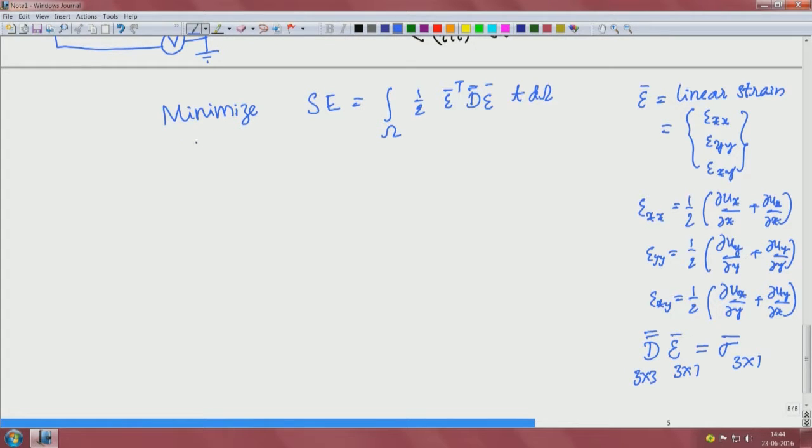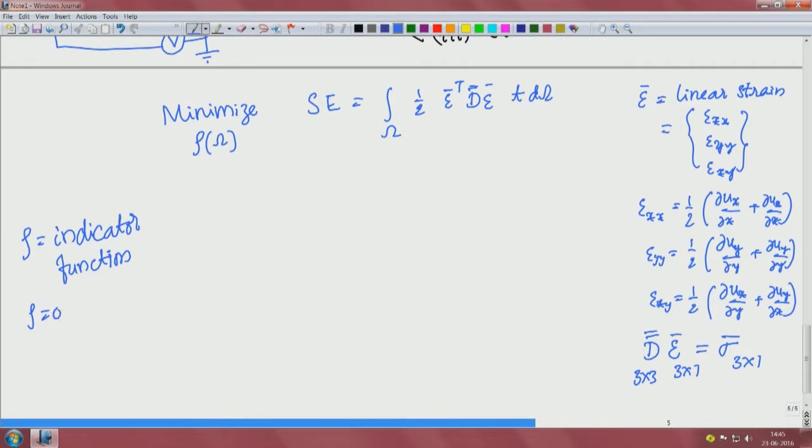What are we changing here? We will change a fictitious term defined over the domain. At every point we have the indicator, this rho we can call it. It is not a mass density even though we are using that symbol, it is an indicator function. What does it indicate? It indicates whether the material is present or not.